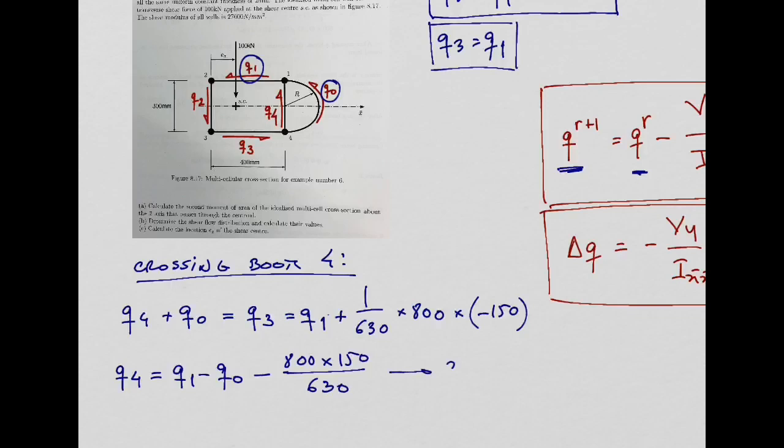So it means Q4 is going to be equal to Q1 minus Q0 minus, can you please tell me how much is this? 800 times 150 over 630? 190.5, right? You all agree with this or not?